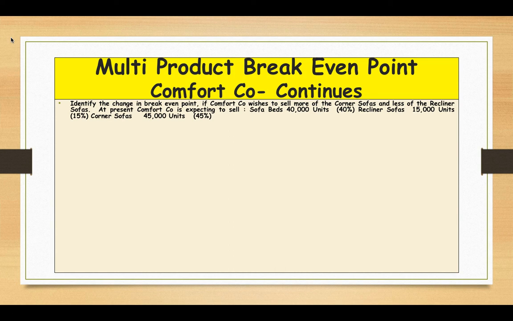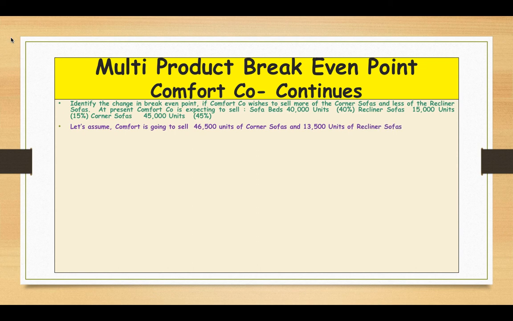So if the sales mix changes, the weighted average contribution margin will also change. Here the weighted average contribution is going to increase because Comfort Company is going to sell more of its high margin product and less of its lower margin product. At present, Comfort Company is expecting to sell 40,000 units of sofa beds, 15,000 units of recliner sofas, and 45,000 corner sofas.